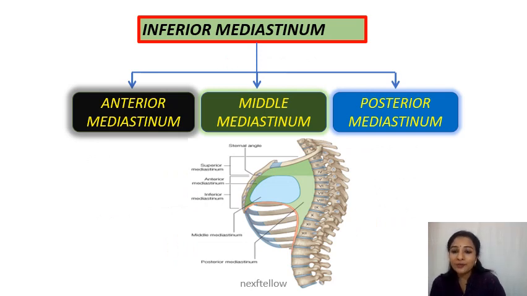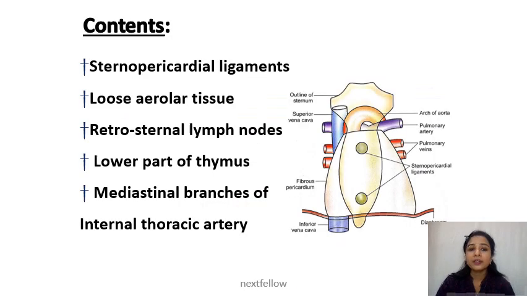Let's talk about the inferior mediastinum. We know it is divided into anterior, middle and posterior. The anterior mediastinum contains the structures just behind the sternum, between the sternum and the pericardium.